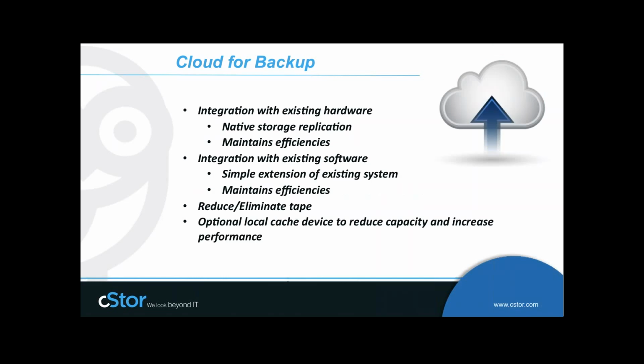Some other options for cloud we've seen being very popular: cloud for backup. A couple of comments around that is integration with your existing hardware is an option at this point.